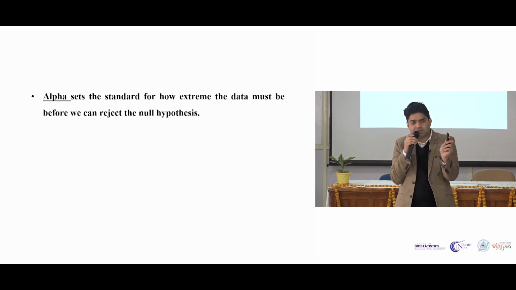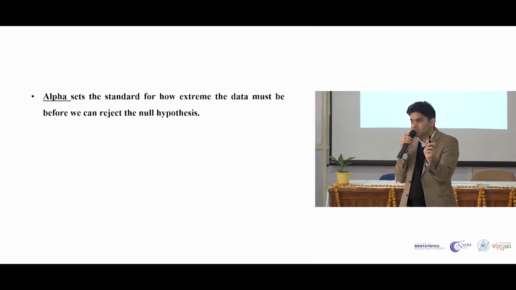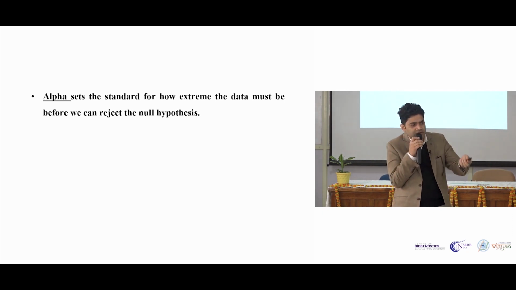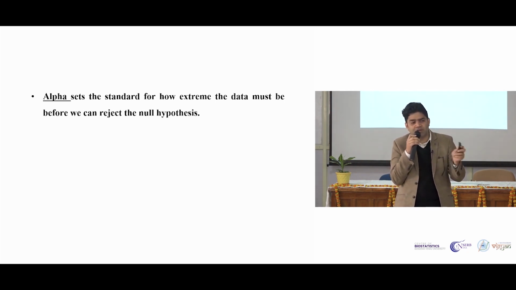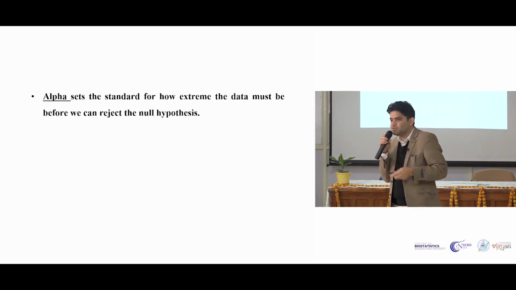So you are getting this 95% confidence interval. That means if you conduct an experiment 100 times, 95% of the times you will get values in the range of 38 to 49.5.